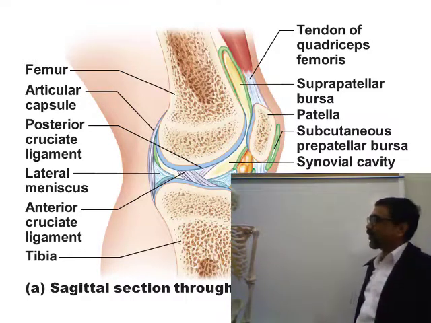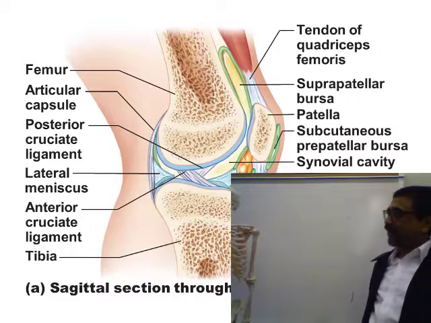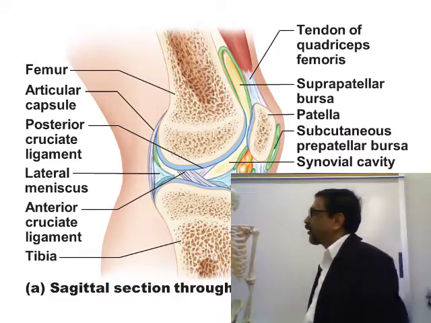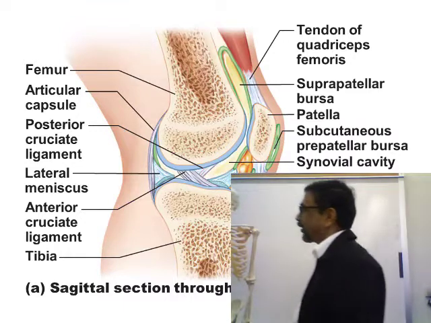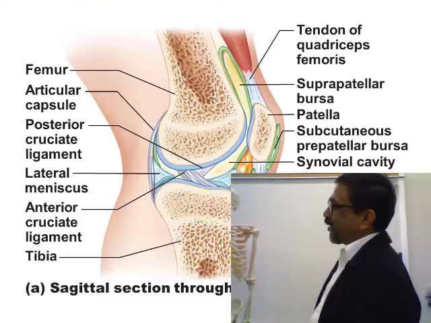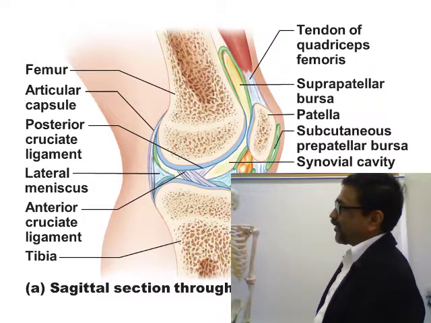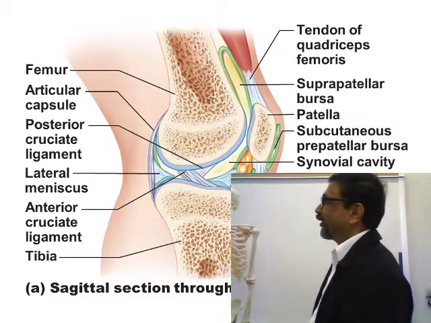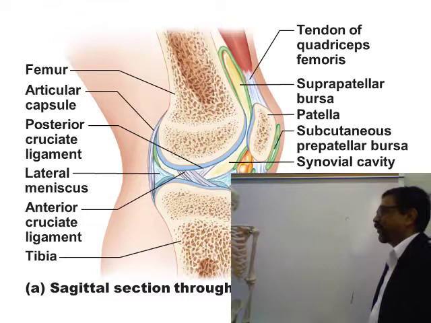So you see the blue structures covering the bones. Those are articular cartilages, hyaline cartilage. Then you have synovial cavity, the space between two bones, and that space contains synovial fluid. So definitely those are the parts of a synovial joint.